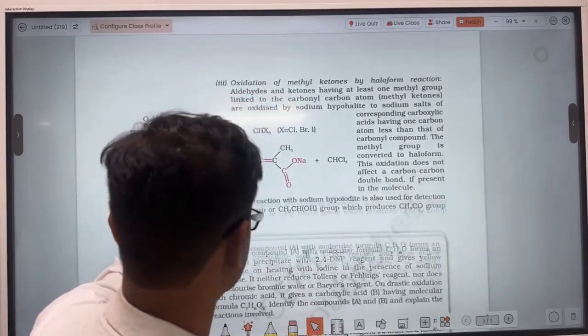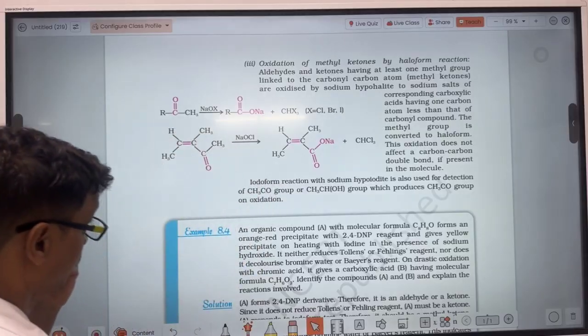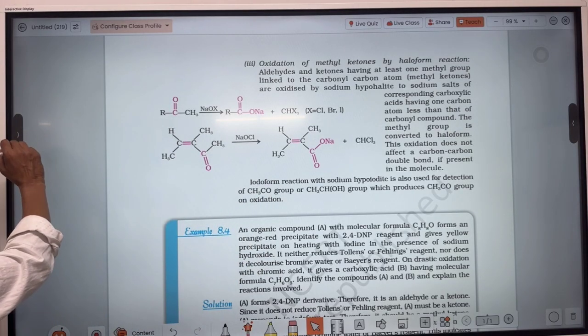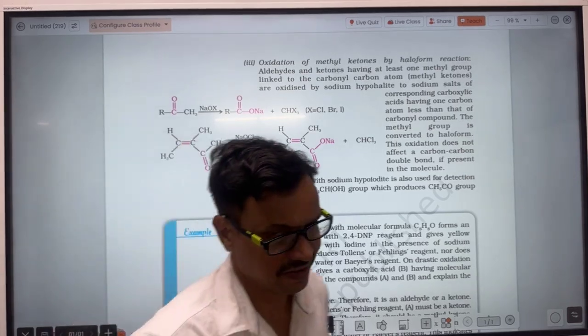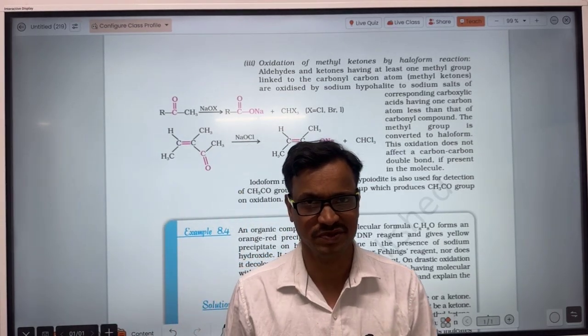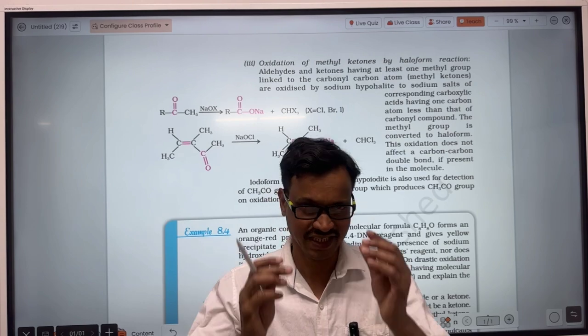Then after here is the haloform reaction. What is it? The haloform reaction is used to determine whether there is a methyl group bonded to the carbonyl carbon or not.